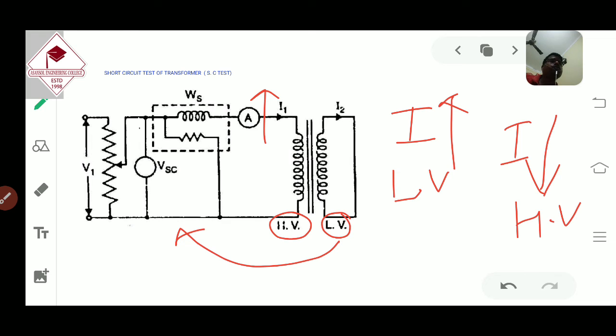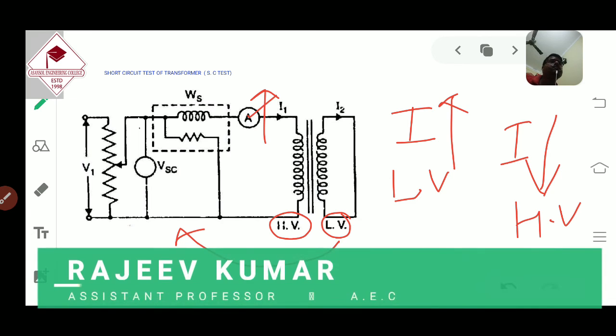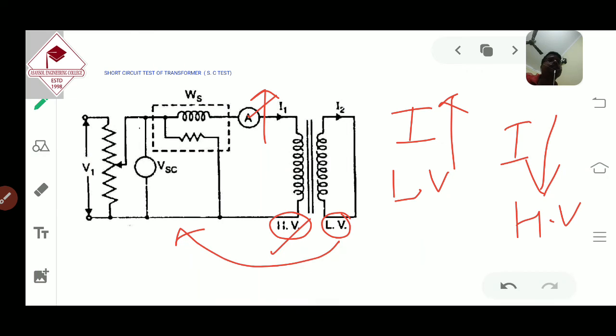Okay, so to limit the current so that we can measure it with an ammeter, we connect the high voltage winding to the source. We don't connect the low voltage winding. Hope you understood. If we connect the low voltage winding, this current rating will be more, right? So to measure this high current, we require an ammeter capable of measuring large current.